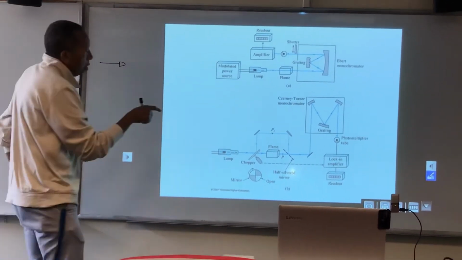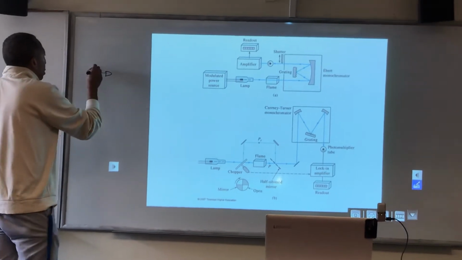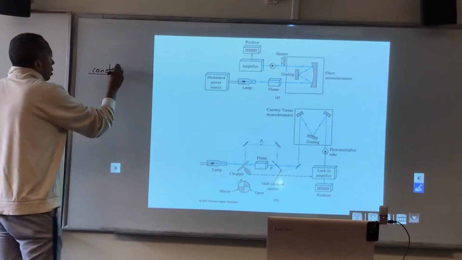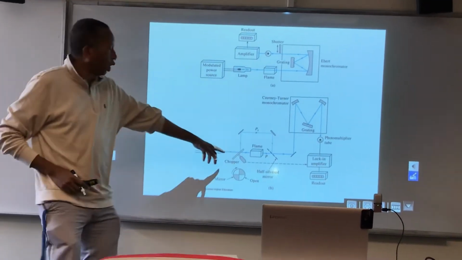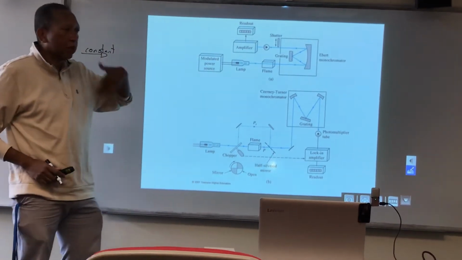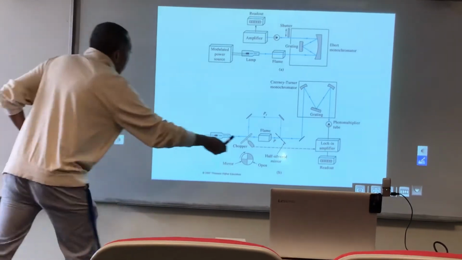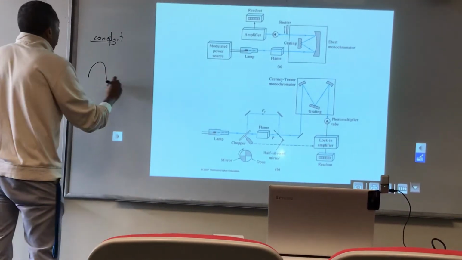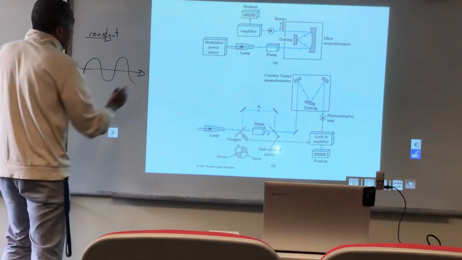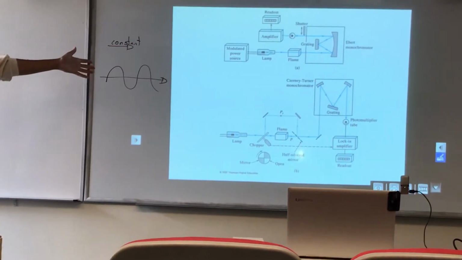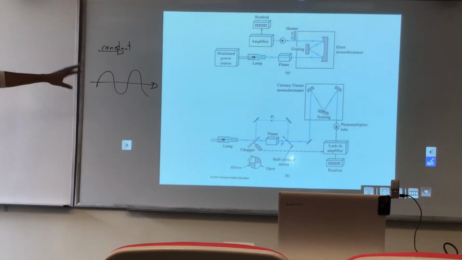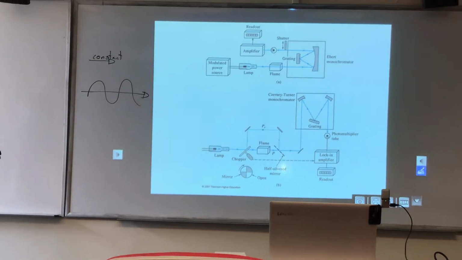But here, the output isn't constant, right? Because we have a chopper, so that the chopper is putting some frequency dependence on the output. So the output from the flame actually looks like that, right? It has some kind of periodicity to it, right? And this allows us to do something as well, right?